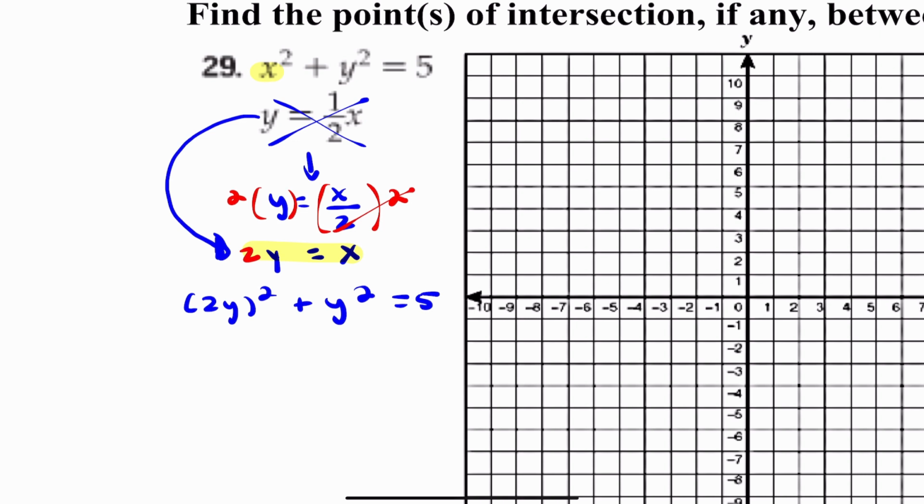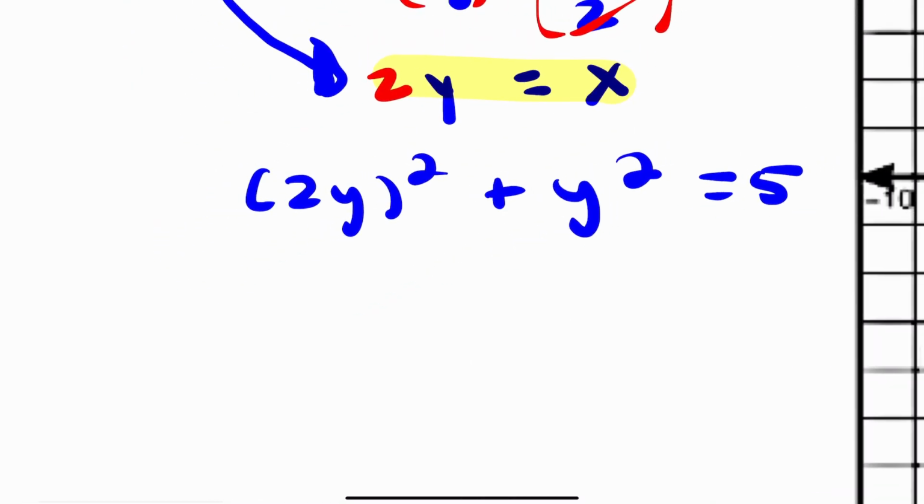And then when you see something like this, you're like, oh, okay, I can just do 2y squared plus y squared, which is 3y squared. No, you can't do that. And the reason being is this (2y) quantity squared is essentially 2y times 2y.